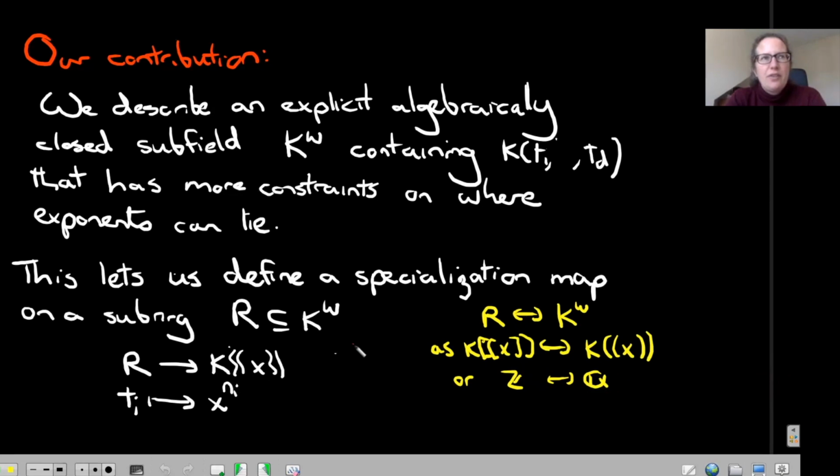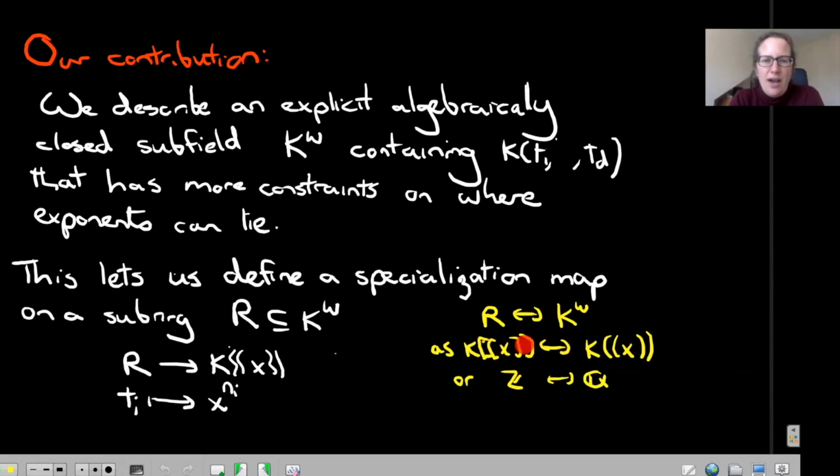And so our contribution, and I'm being a bit vague here because it does get somewhat technical, is that we're going to construct an explicit algebraically closed field containing the field of rational functions, and it has a subring. My subring R has field of fractions our field, and you should think of it as loosely like a valuation ring.